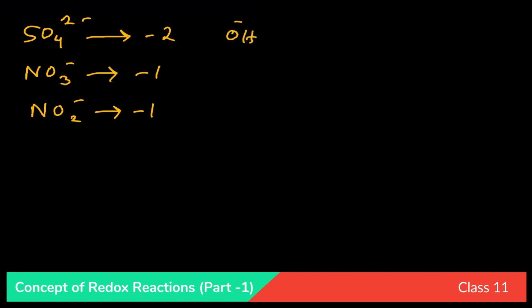OH minus will have -1 oxidation number. NO plus will have +1 oxidation number. And for cyanide, CN minus, it will also be -1. So these are some of the ions which have definite values of their oxidation numbers.